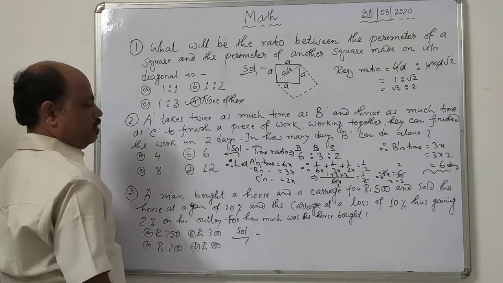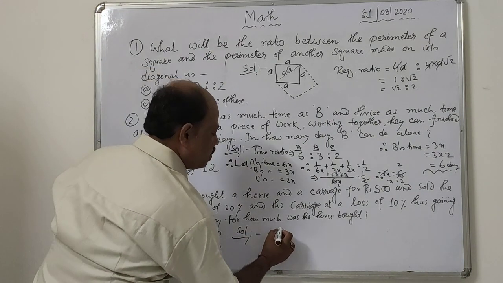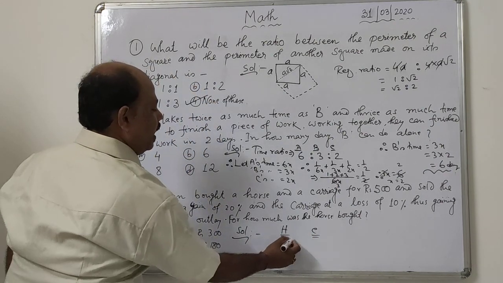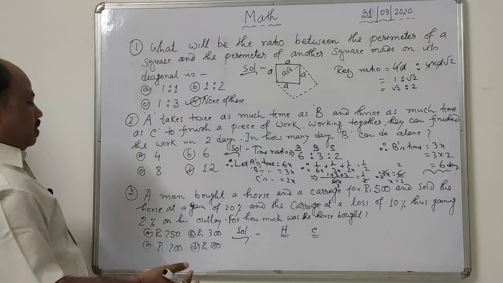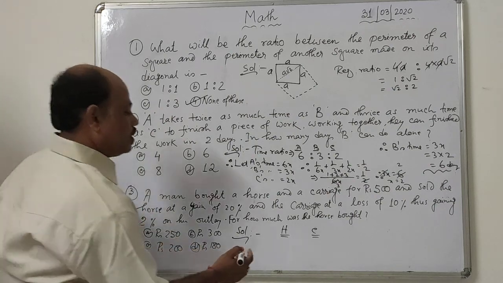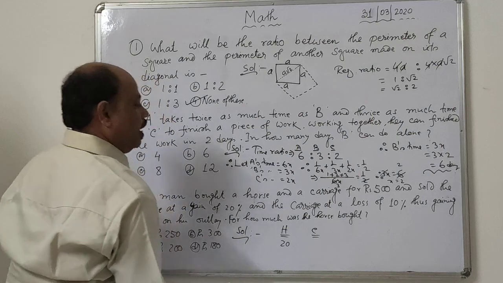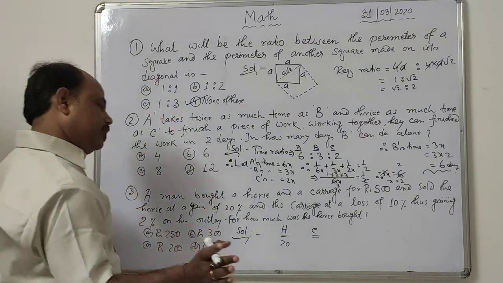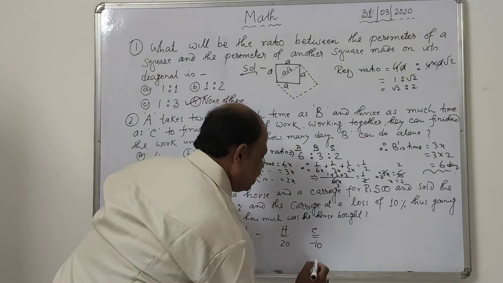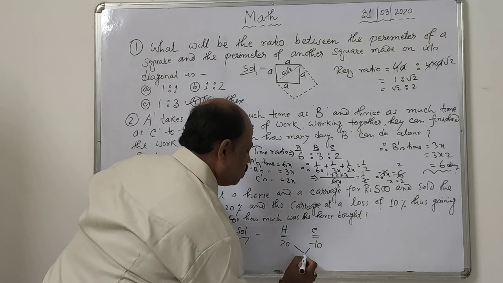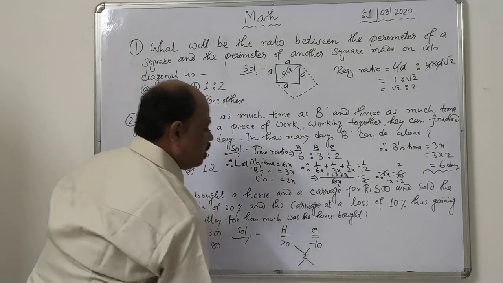Look, there is a horse and a carriage. H for horse, C for carriage. The horse has a gain of 20%, gain means plus 20, and the carriage a loss of 10%, that is minus 10, and as a whole 2% gain on the outlay, that is 2.